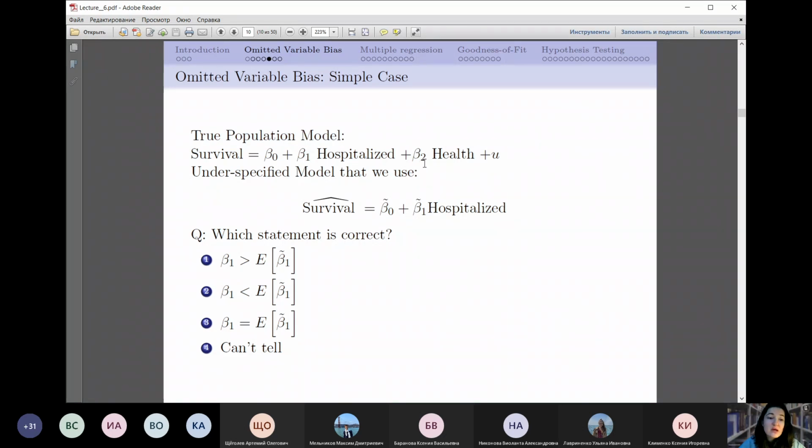But due to some reasons, we calculate the simple regression model. Let's say that we didn't find any information about the health, but we found only information about the hospitalization cases.